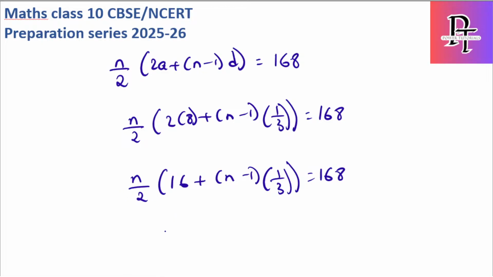Let's multiply the values. So this becomes 16n by 2, which is nothing but 8n, plus n square by 6 minus n by 6 is equal to 168. Simply, I have multiplied the terms inside it. Before taking the LCM we need to resolve something.